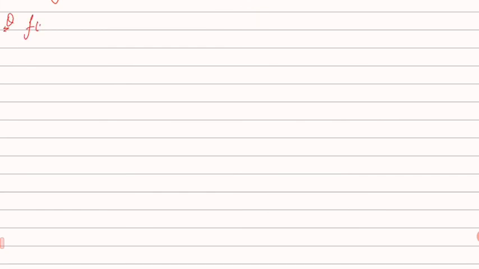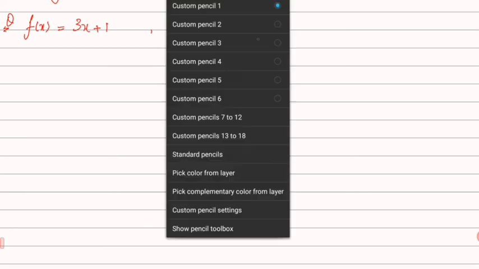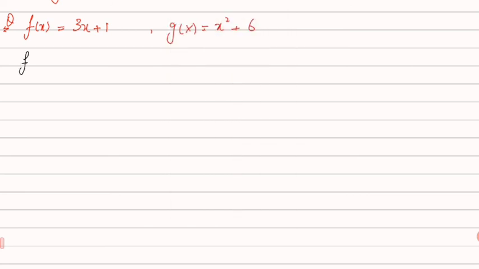Suppose in a question it is given that f of x is equal to 3x plus 1, and g of x is equal to x square plus 6, and we need to find out f of g of x. So what you're going to do is put g in f.